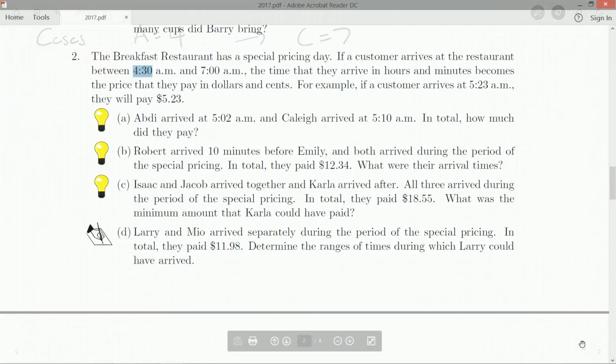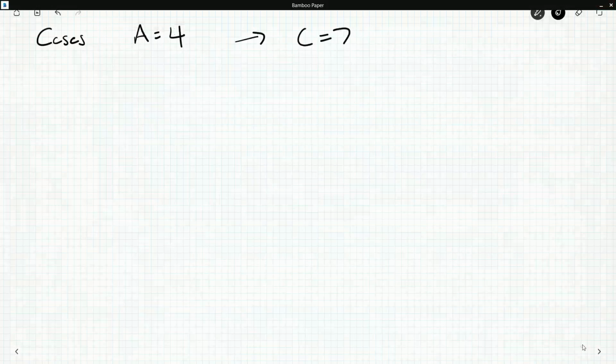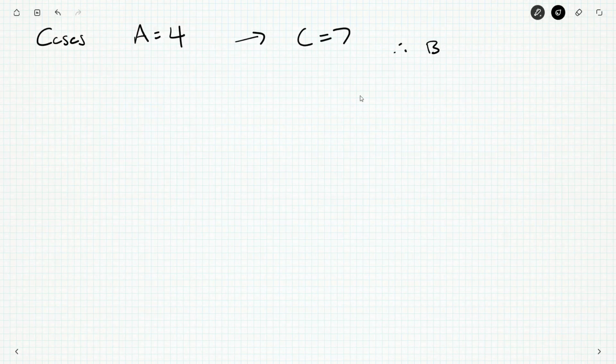So it looks like we got some cases. So A equals 4, that would mean C is 7, because 4 plus 7 has to be 11. By the way, that would tell me that Carla couldn't arrive at 7 something earlier.